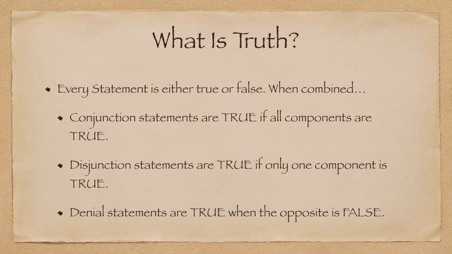Conjunction statements are true if all components joined by and are true. So, it is raining and it is snowing. If it is both raining and snowing, then the whole statement is true. Now, if even one of those is false, then the whole statement is false.